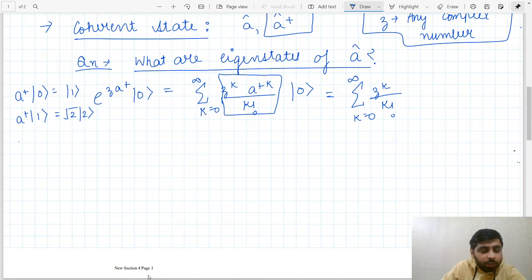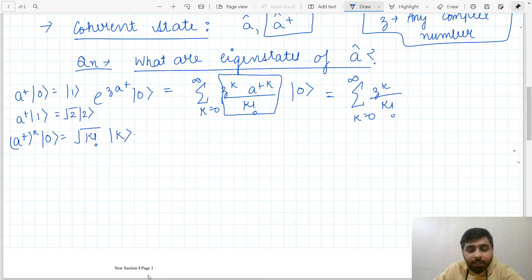So in general, what we're going to see is that a dagger to the power k on 0 is going to be equal to the square root of k factorial times the state k, and this is precisely what we're going to replace it with. So square root of k factorial times k. Now this can be brought down here.